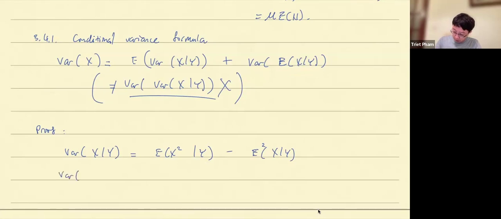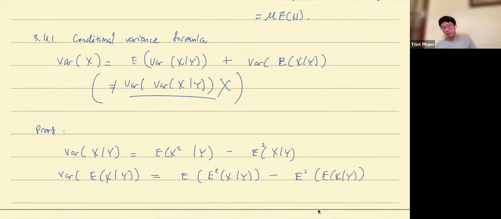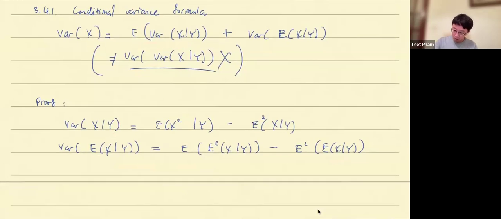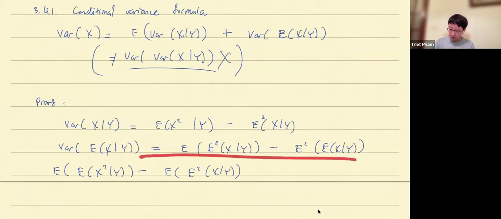Therefore, the variance of the expectation of x given y is the expectation of this squared, minus the square of the expectation of this. So let's put it together. The expectation of the conditional variance is like that, plus the variance of the conditional expectation.